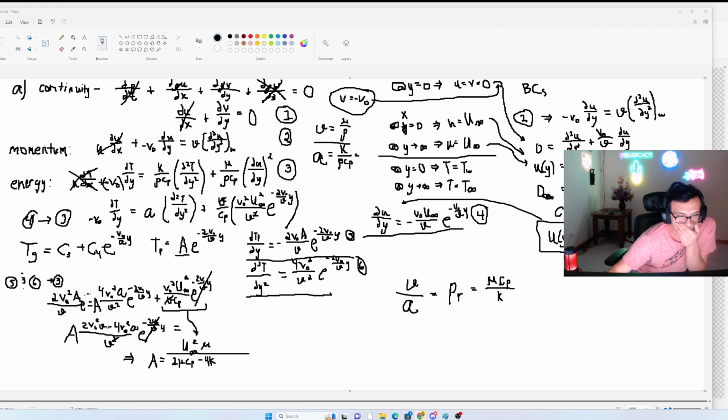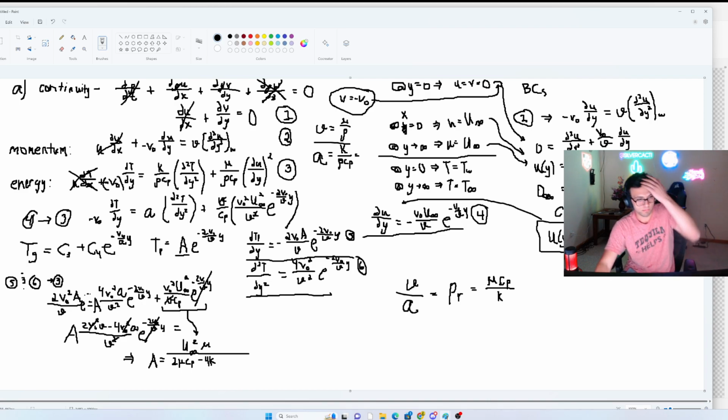Because if we were to solve this realistically, we would get, these would cancel out. Oh my god. So it'd be 4 alpha divided by viscosity. It'd be K over mu Cp, if it was the other way around.